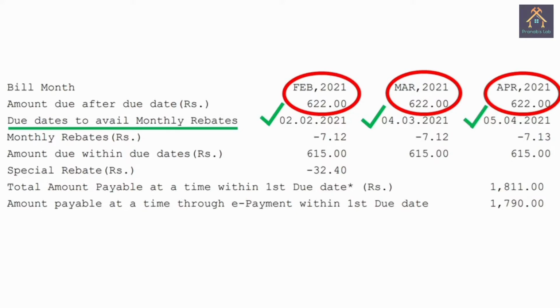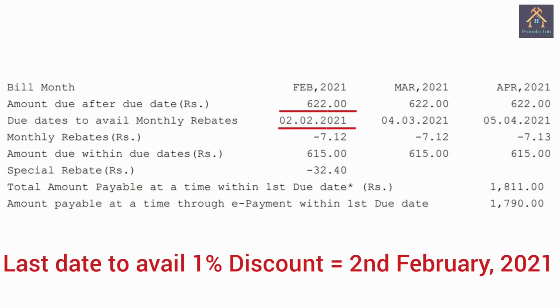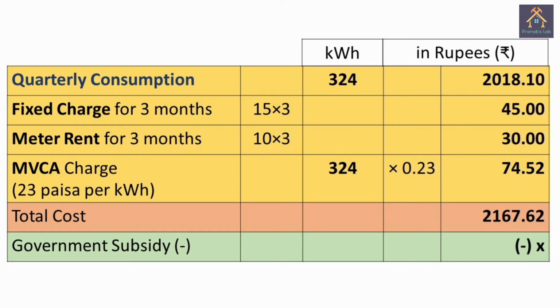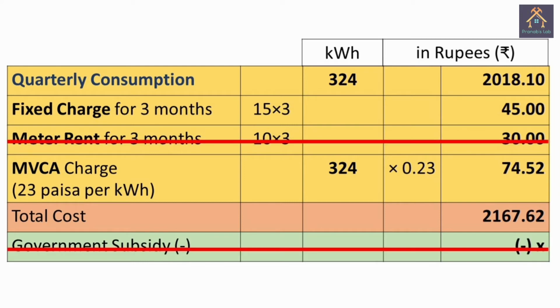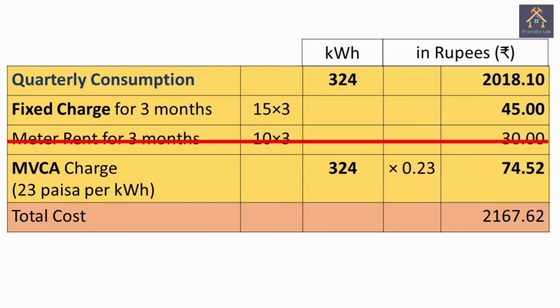In our bill, you can see the due date mentioned. These dates are the last date to avail the 1% discount on your energy consumption. Here you can see we have calculated in the previous video the different costs and government subsidies, but as per the clause mentioned, for getting the 1% rebate on the energy consumption, we have to exclude the meter rent and government subsidy, and excluding that the summation of these is 2137 rupees 62 paisa.